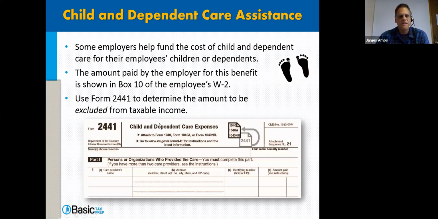So just know that that's all that is. You calculate the child and dependent care expenses on Form 2441, and you need to know that amount because the amount in box 10 of the W-2, what the employer paid of those expenses, the employee does not get to take as part of their calculation, part of their deduction, if you will.